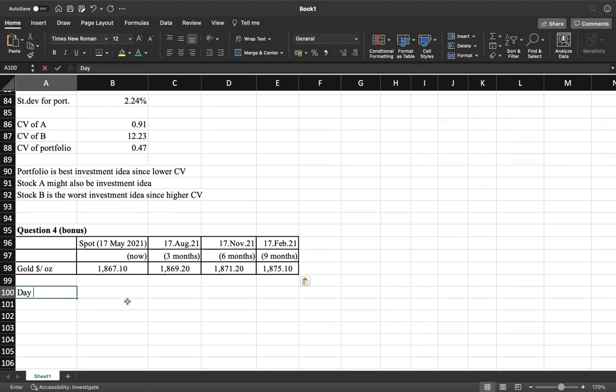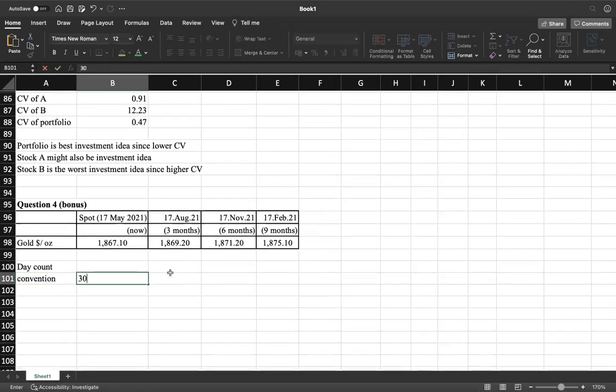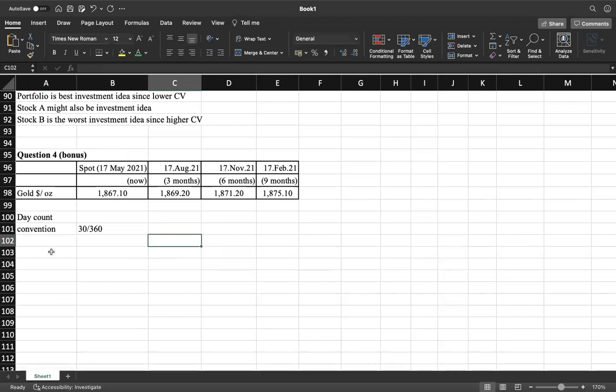I am using the traditional day count convention, which is 30/360. You can find interest rates, calculate them for 3 months, 6 months, and 9 months.